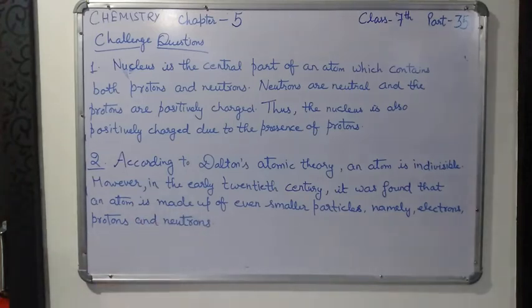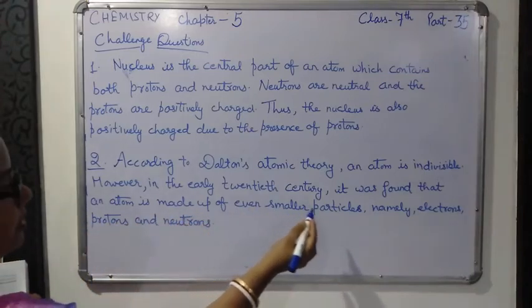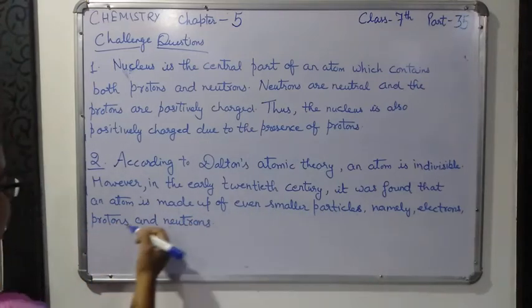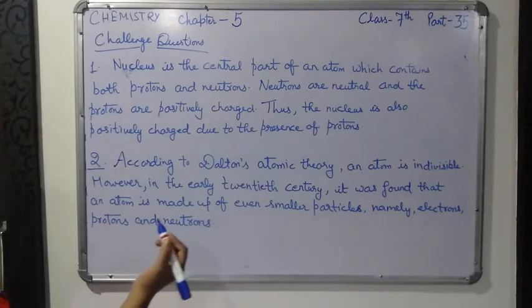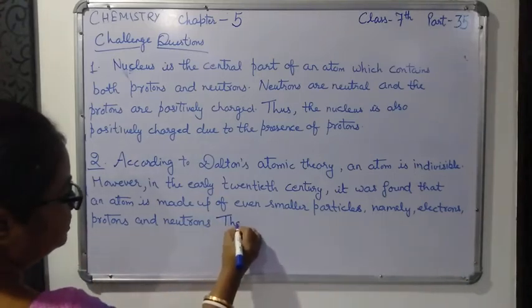So according to Dalton's atomic theory, an atom is indivisible. However, in the early 20th century, it was found that an atom is made up of even smaller particles, namely electrons, protons and neutrons. That is why Dalton's atomic theory was proved wrong.